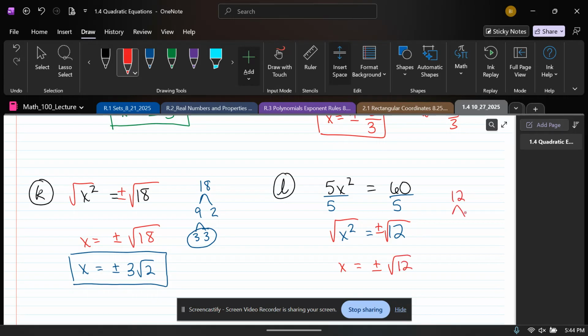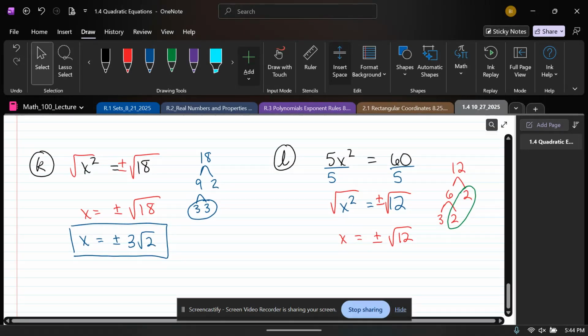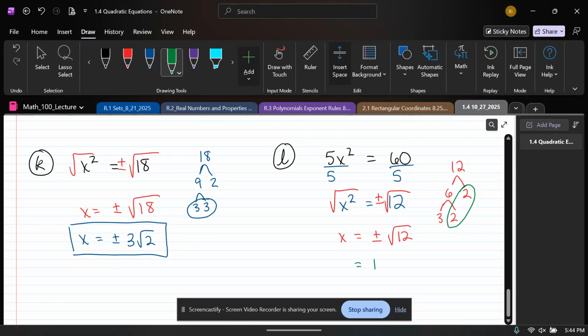I'm going to do the factor tree for 12. Whether you do 6 and 2 or 4 and 3, it doesn't matter, because you're going to break those numbers down, and we're looking for a pair. So there's a pair of 2s. So that's going to be 2 radical 3.